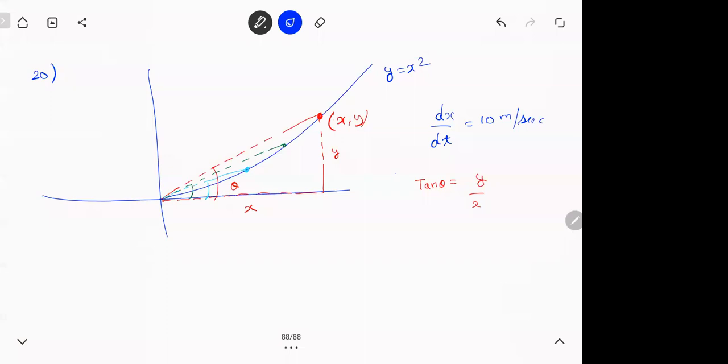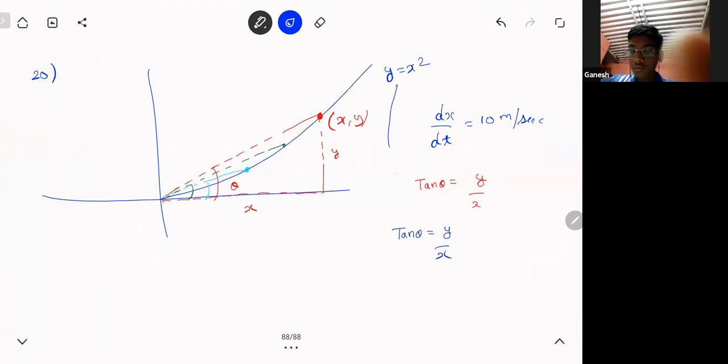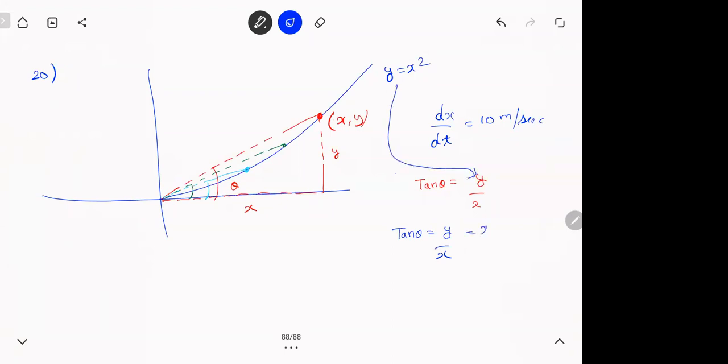Then we got tan theta is y by x, but I also know what y is. x square is given. So tan theta is equal to x. Now he is asking at what rate is it changing? How fast is the angle of inclination of the line joining the particle changing?